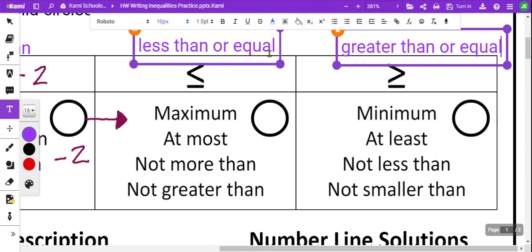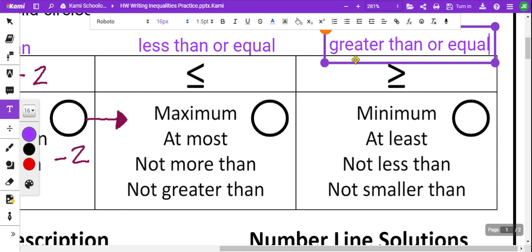So the sign on top stays the same, less than or greater than. But then this little line down below means it could also be equal to.